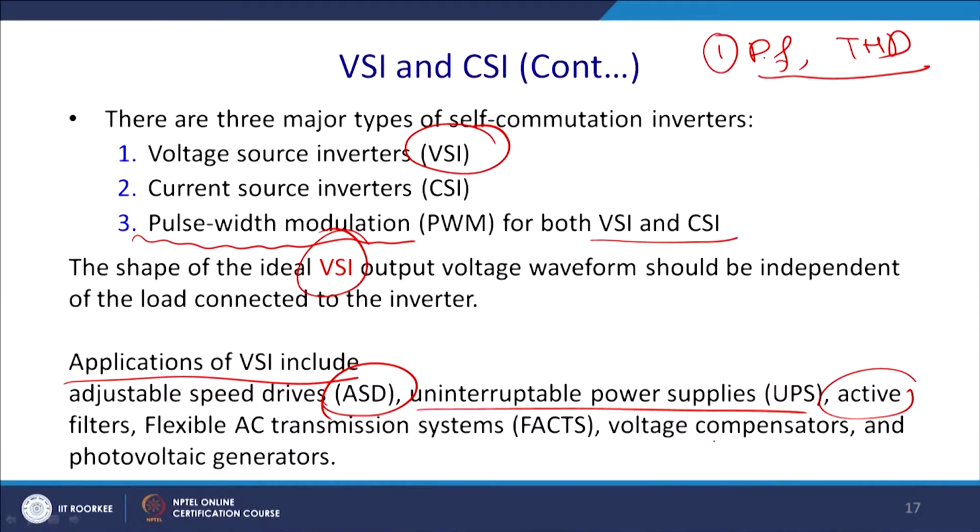It has a whole gamut of solutions: series compensation, shunt compensation, shunt and series compensation, angle compensation. In all those things we generally find VSI, and the voltage compensator, and also photovoltaic inverters. Solar photovoltaic inverter is also a type of VSI.